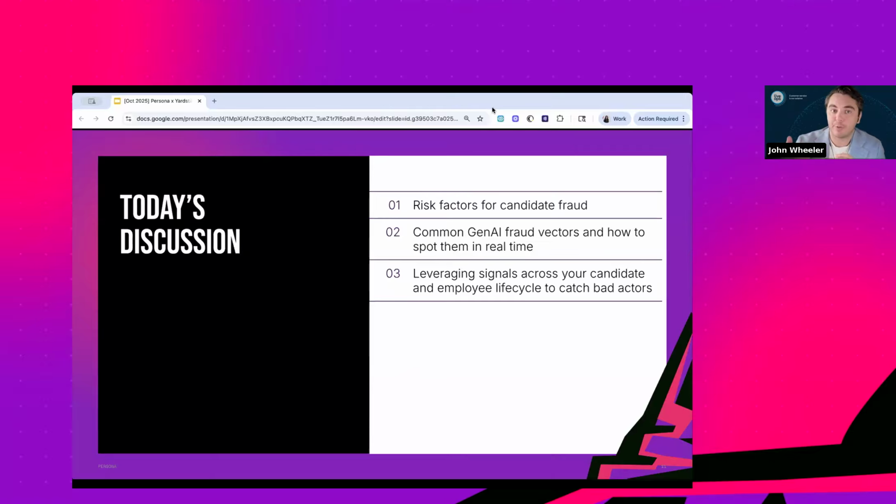So what we've worked with Yardstik on is a number of different points in that funnel that allow us to check IDs, for example, do background checks, and also we have a number of other systems. Since we bring on independent contractors, they are responsible for the payment of their background check.